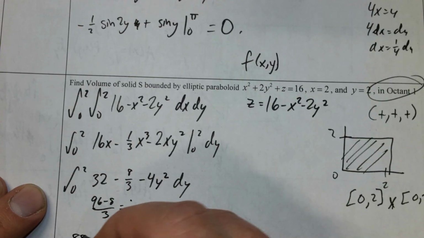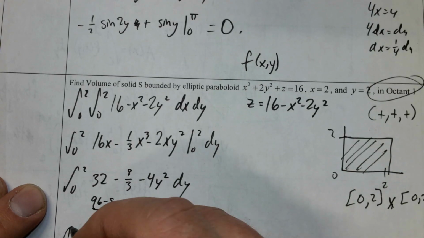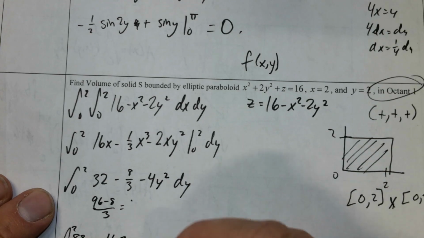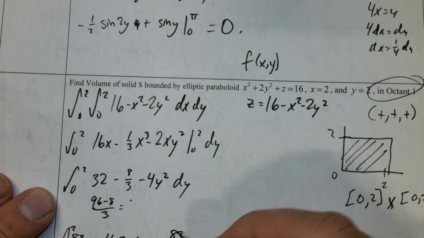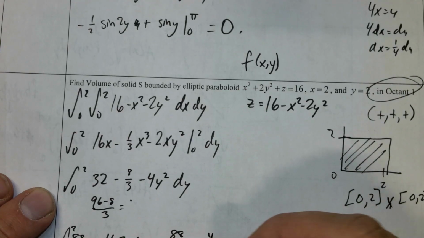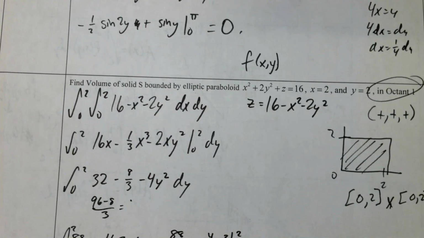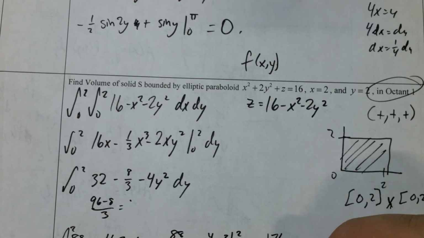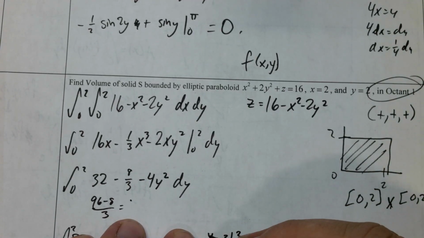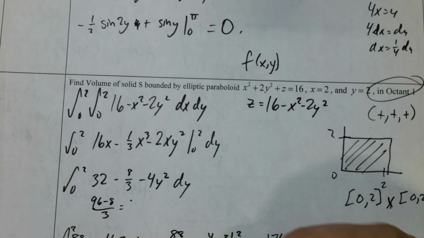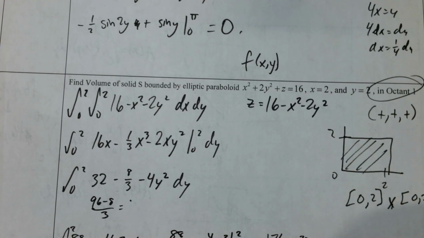So now I'm going to have 88/3 from 0 to 2 minus 4y squared dy. That's going to make 88 over 3 y minus 4/3 y cubed, 0 to 2. When I plug in, I'm going to get 176 over 3 minus 32 over 3, and 0, and 0. So my final answer is 144 over 3, which is 48.